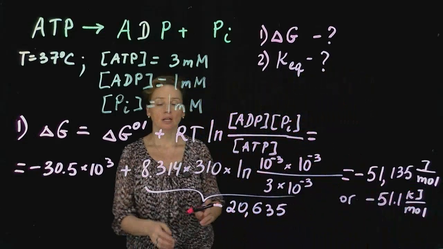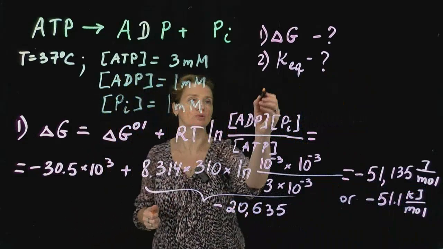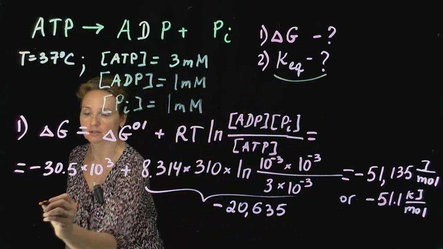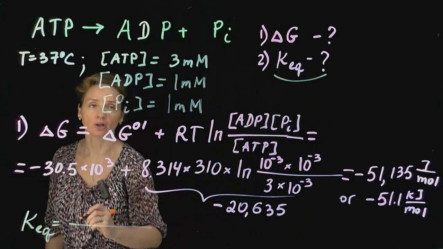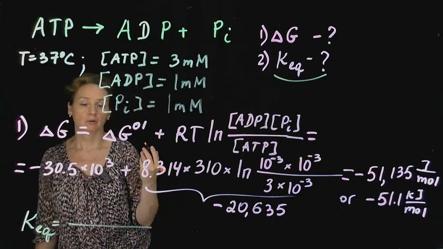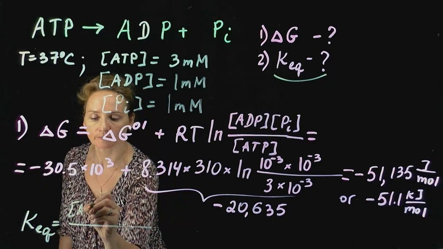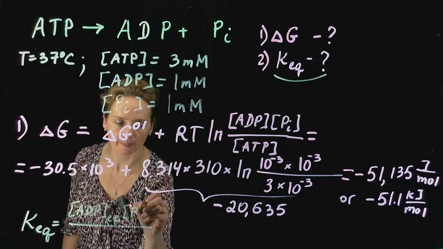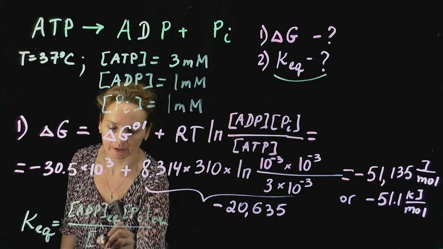Okay, so now let us address the second question, the equilibrium constant. So the equilibrium constant, by definition, is the ratio between equilibrium concentrations of the products over that of the reactants.